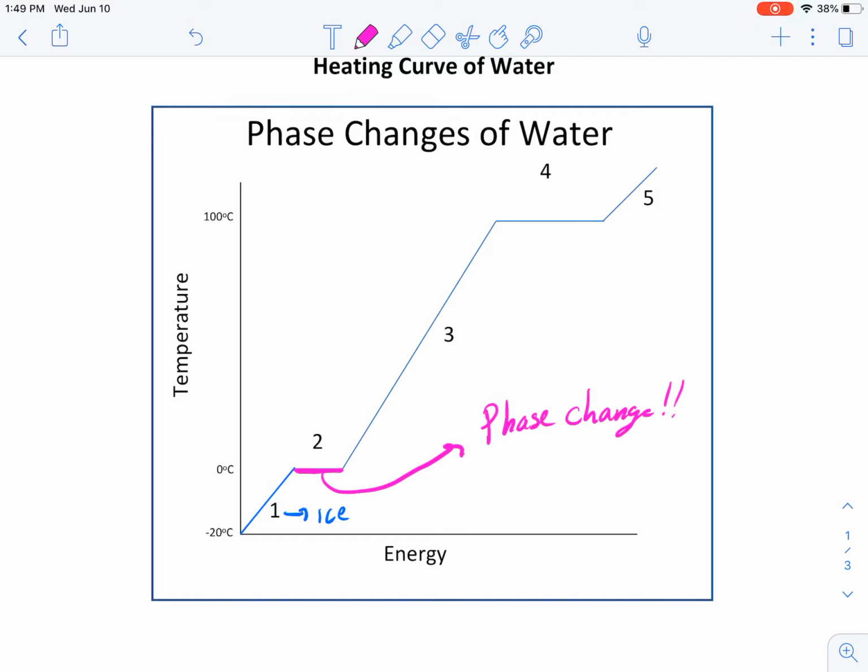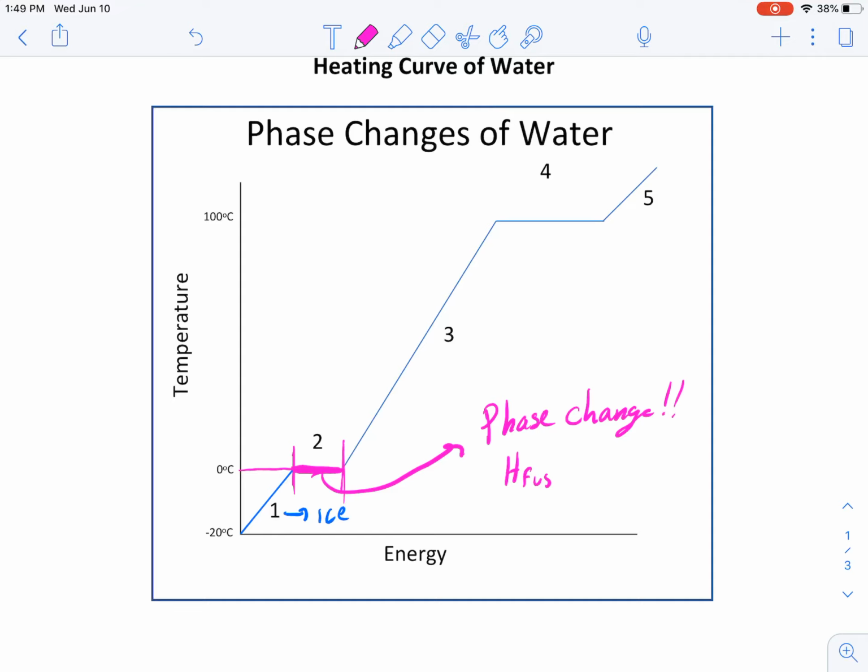We know what happens around that 0 mark. That's where water freezes. And the phase change, in this case, this is our H fuse. We use a little subscript for FUS for our heat of fusion. This area here is where that phase change occurs. But what I want you really to notice is that the temperature here and the temperature here are the same.